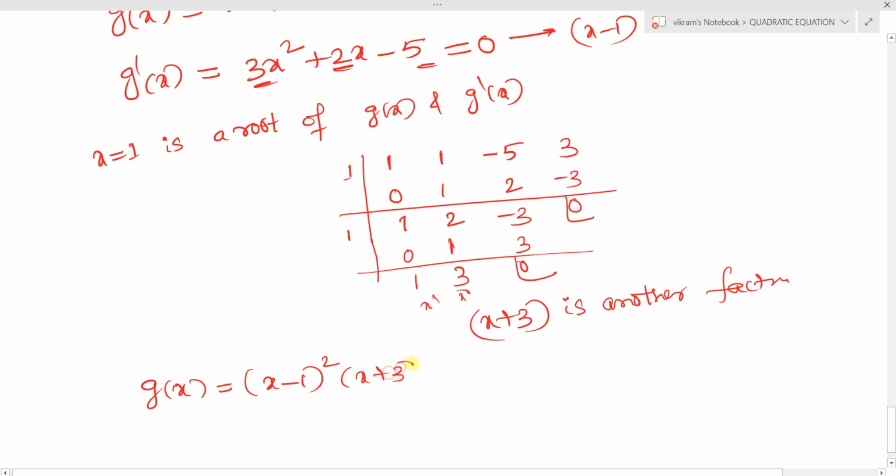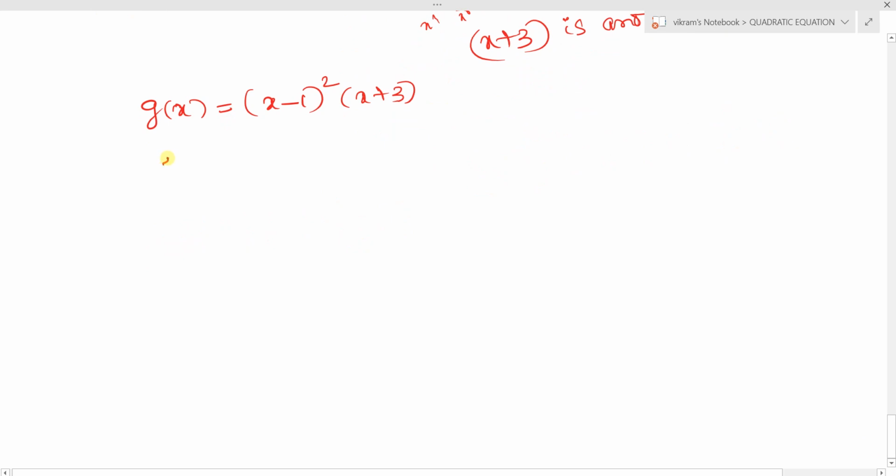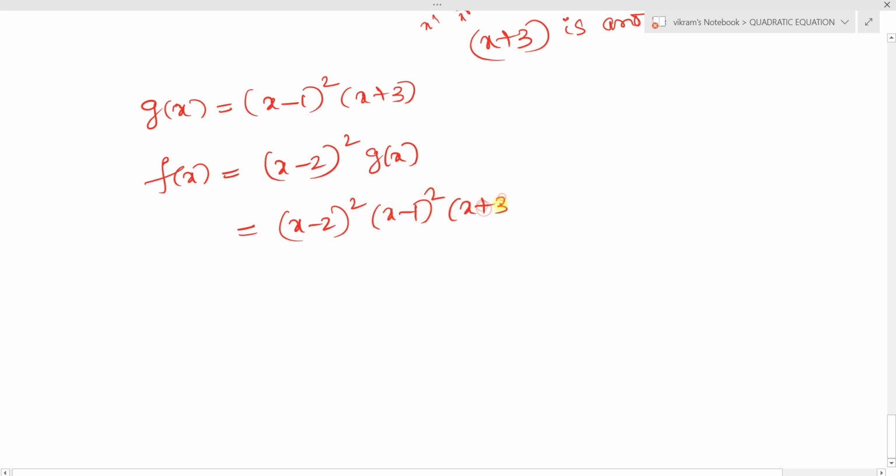So now we can write g of x is equal to x minus 1 whole square into x plus 3, where f of x is written as x minus 2 whole square into g of x. Now we have written f of x as x minus 2 whole square into x minus 1 whole square into x plus 3. Therefore, the roots of f of x are 2, 2, 1, 1, minus 3.